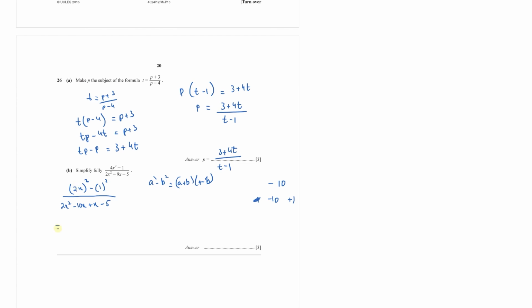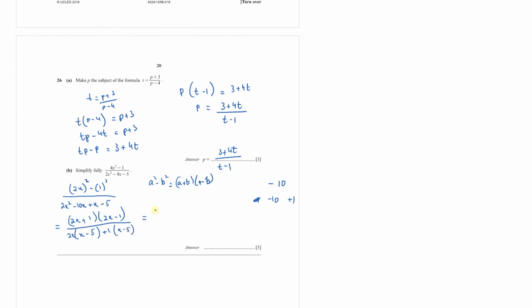So then in the numerator, I can write this as 2x using this formula. A square minus b square is a plus b times a minus b. So I get 2x plus 1 times 2x minus 1. And then here I can take 2x common. I'll get x minus 5. And then nothing is common here, I can write plus 1 times x minus 5.